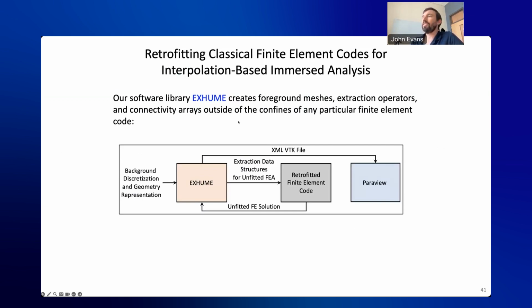And the vision here is that Exum reads in the background discretization and geometry representation, and then it spits out these extraction data structures that are needed for interpolation-based immersed finite element analysis. And then you can feed this into a retrofitted finite element code that will give you an unfitted finite element solution. And our code base also allows for the generation of an XML VTK file for visualization with ParaView.